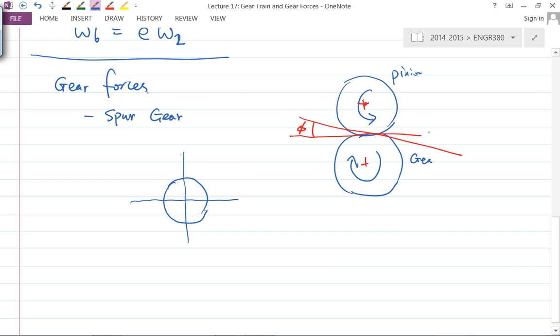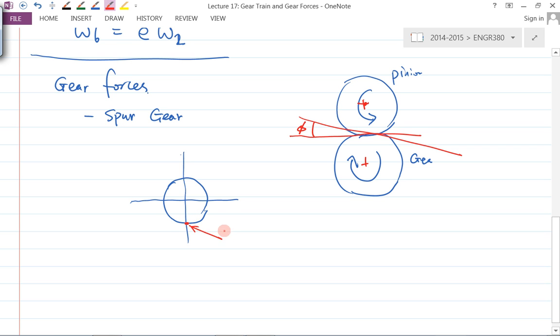When the pinion drives the gear, there's action-reaction force. The action-reaction line of action is always along this line here. So when the pinion pushes the gear, the gear pushes it back. The reaction force from the gear is right at this pitch point, and you have a force pushing back at that location, with a certain angle, which is the pressure angle here.